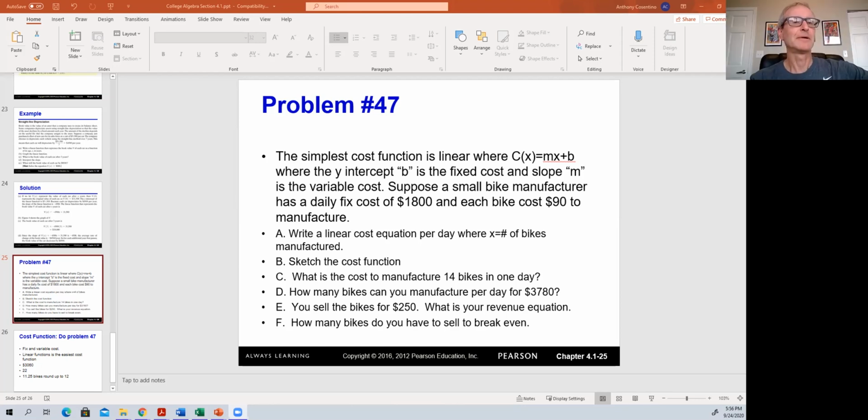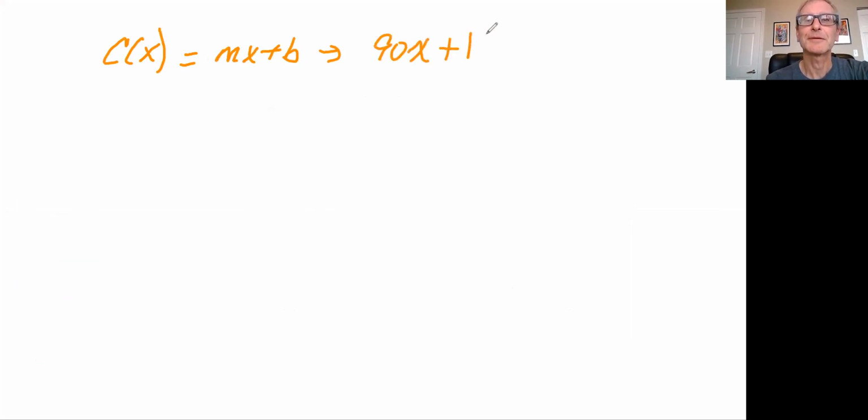We have C of x equals mx plus b, right? In this case, our m is 90, so that would be 90x, and our fixed cost is 1,800. That would be the linear equation with respect to this cost function.